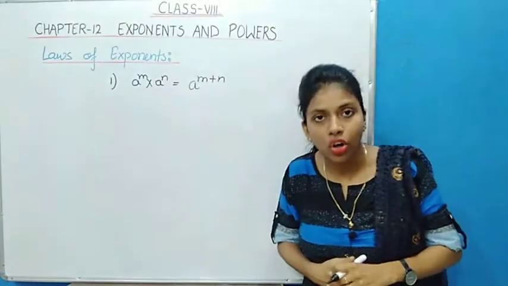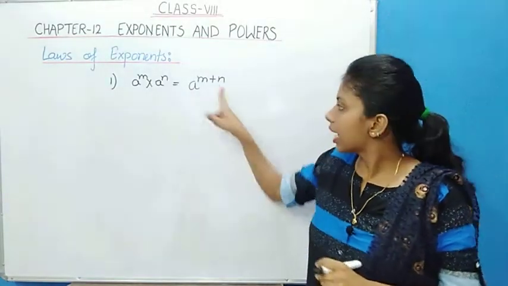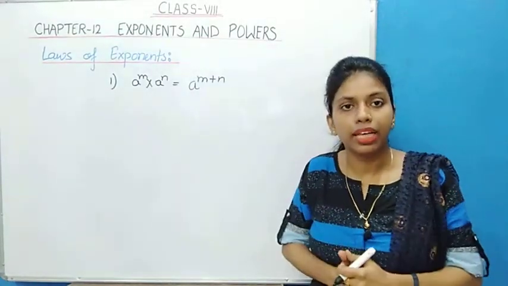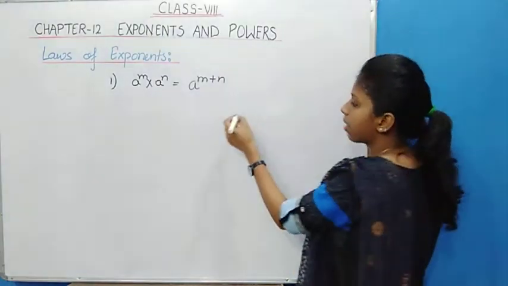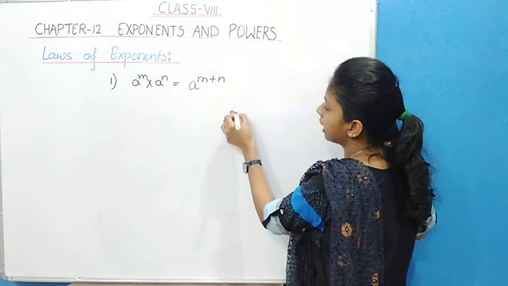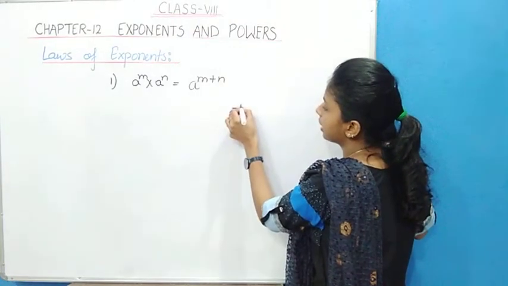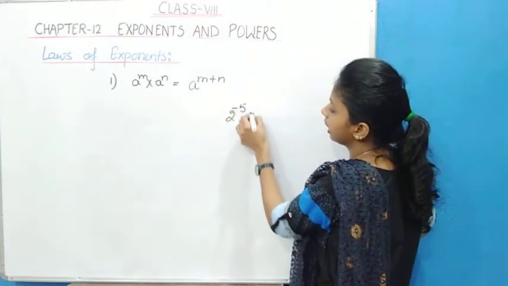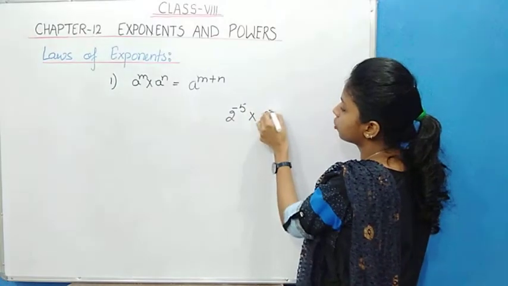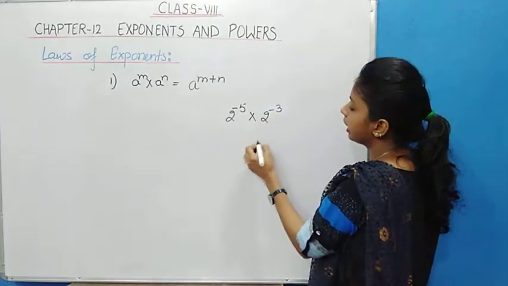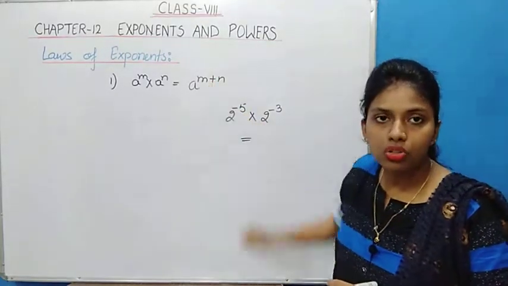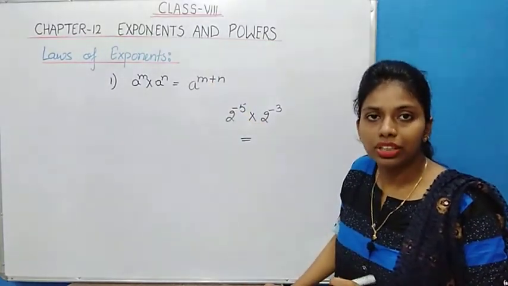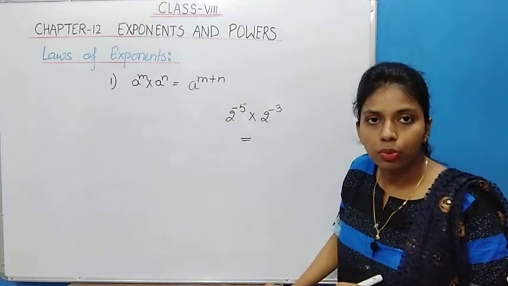We also know that this law is applicable for all exponents. So let's apply it. Suppose we have 2 raised to power minus 5 into 2 raised to power minus 3. Let's check whether this law is also applicable for negative exponents or not.